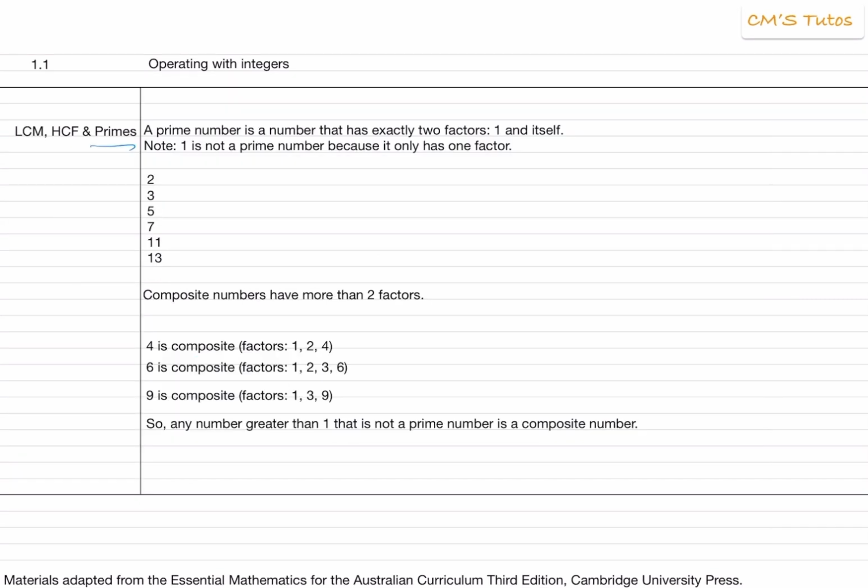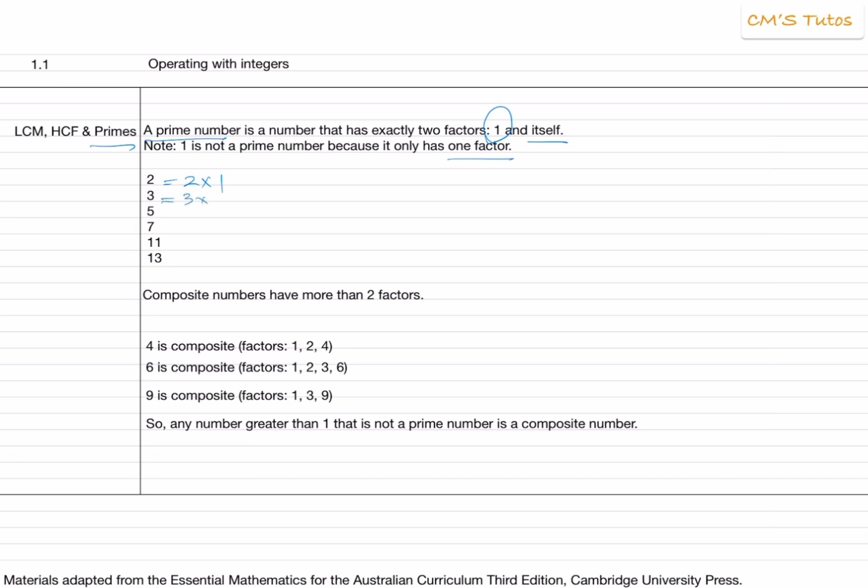Let's have a look at primes. A prime number is a number that has exactly 2 factors, 1 and itself. Note, 1 is not a prime number because it only has 1 factor. So we can look at the number 2. We can multiply 2 and 1, so 2 is a prime number.